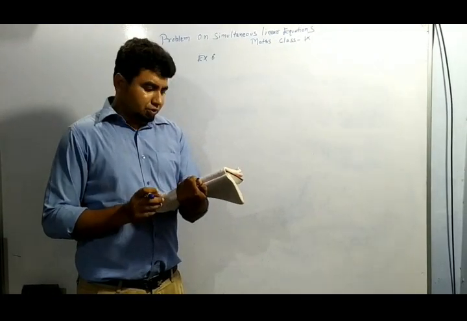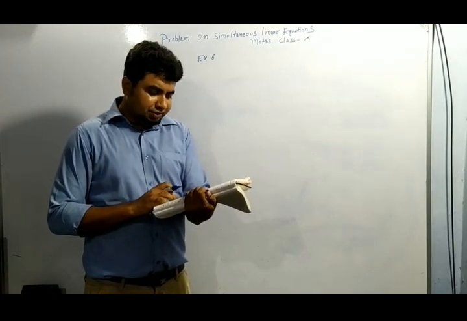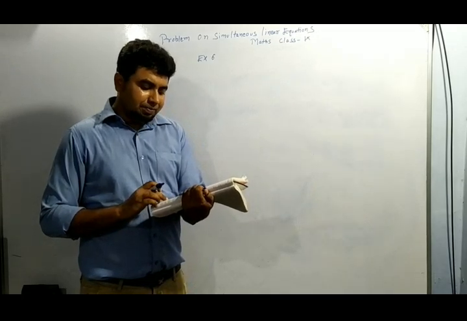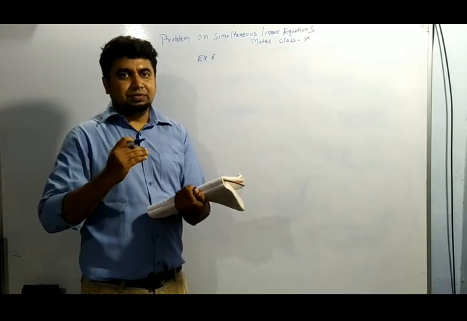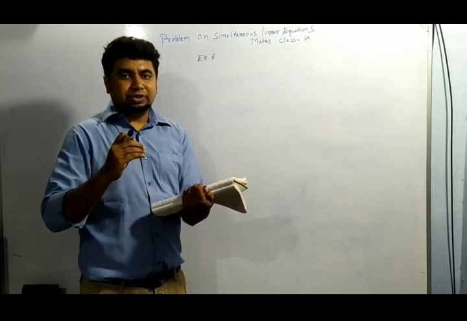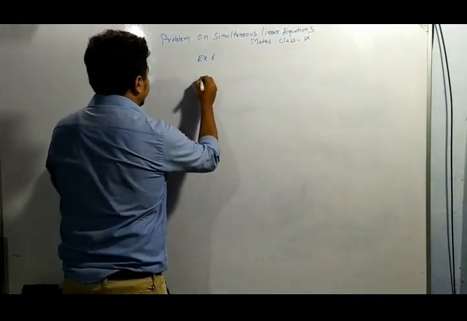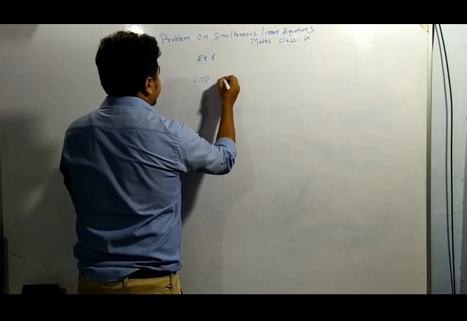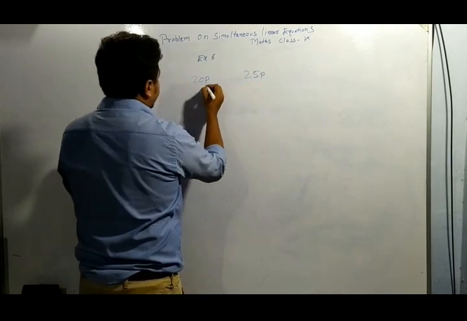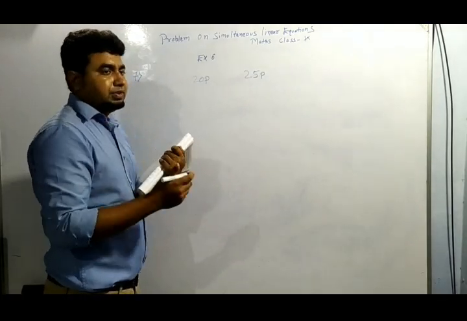Okay. So we are going to discuss question number 7. There are 38 coins in a collection of 20 paise coins and 25 paise coins. So it is given there are 38 coins in a collection of 20 paise coins and 25 paise coins. So 2 kinds of coins are given to us, one is 20 paise coin and another is 25 paise coin. The number of 25 paise and 20 paise coins is unknown to us.